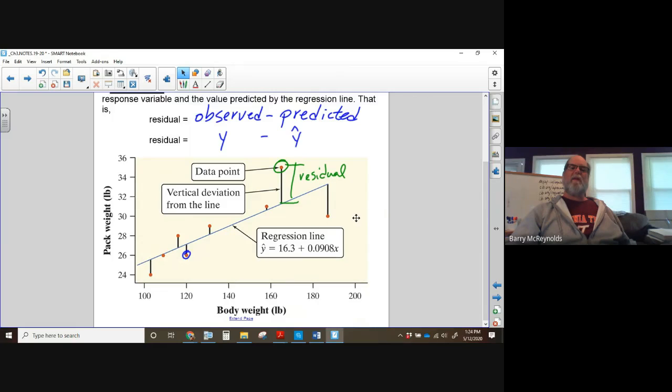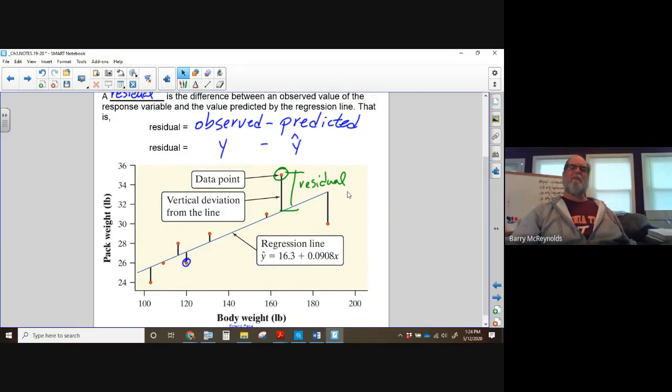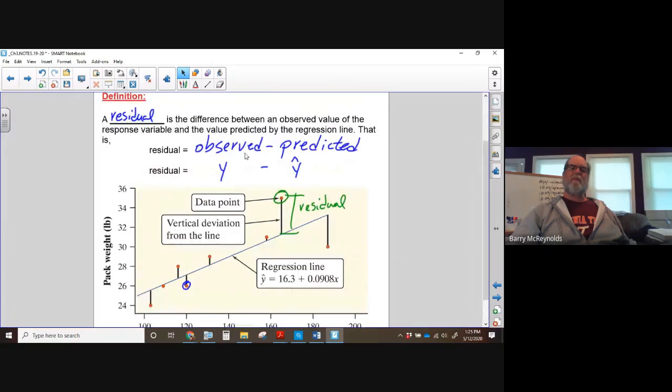But the most important thing is, what is this thing called a residual? The residual is the difference between the observed value and the predicted value. And it's represented by this vertical line from the actual data point down to the predicted line.